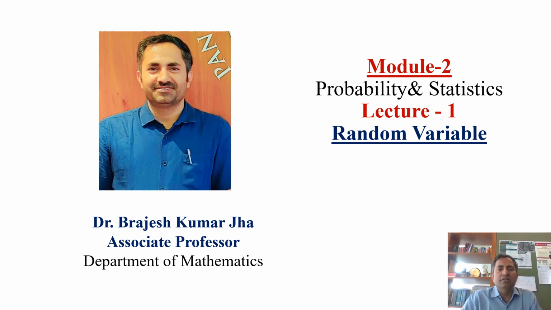Basically, random variable is a bridge between probability and statistics, where probability ends, the use of probability starts, and it is termed in the form of random variable. So in this short video lecture, we will talk about the random variable and its property. A few examples we will see, and in detail, definitely we will go to the next lecture.